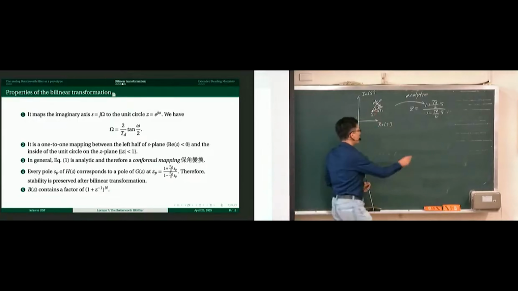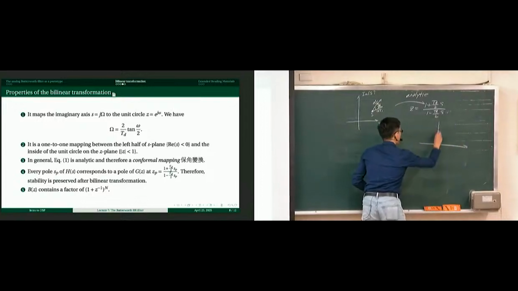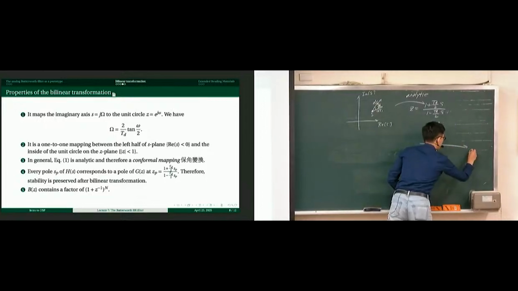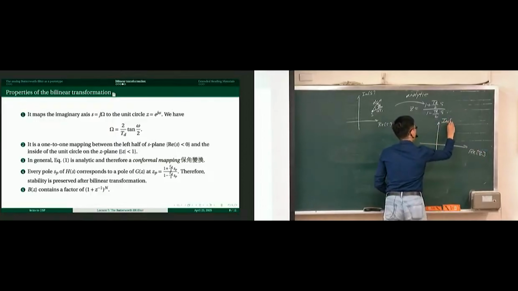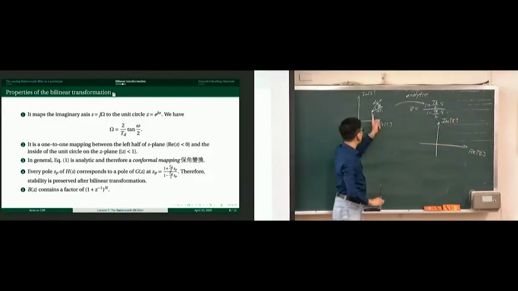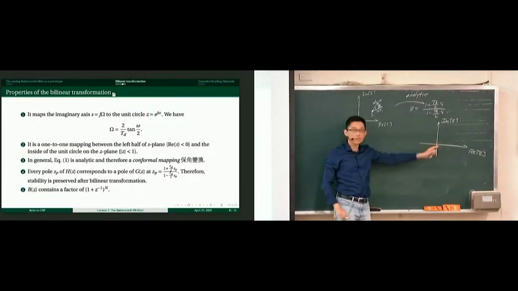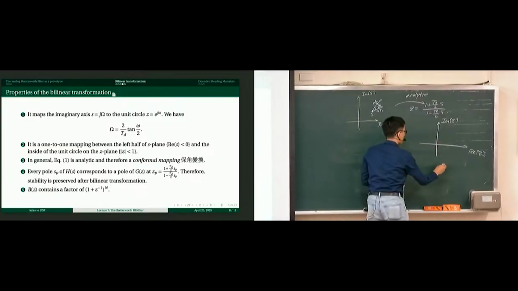So going to the z domain, S will land somewhere in the z domain. Let's say S is located right here. Doesn't really matter. This is z of S.